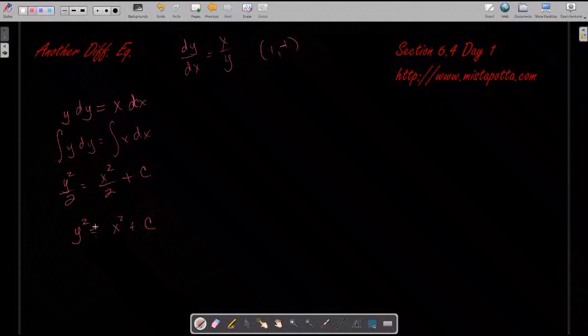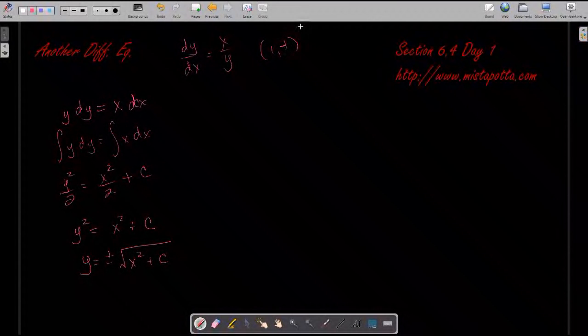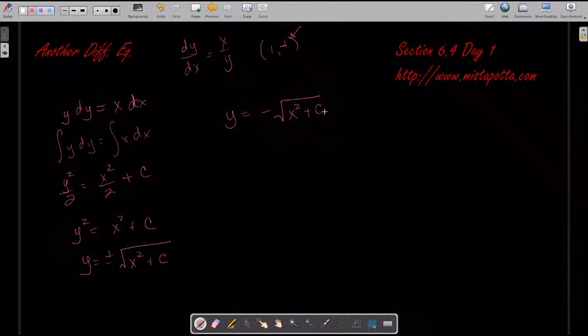And when I take the square root, I end up with y equals plus or minus the square root of x squared plus c. And I'm noticing that for my initial values, y is negative 1. So I really want to deal with y equals negative radical x squared plus c.